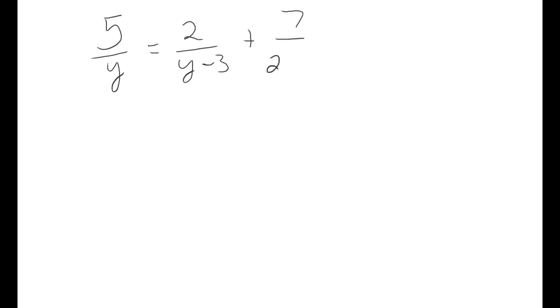All right, we'll do one more here. So if I have 5 over y equals 2 over y minus 3 plus 7 over 2y squared minus 6y.